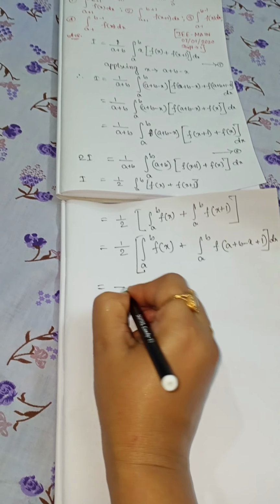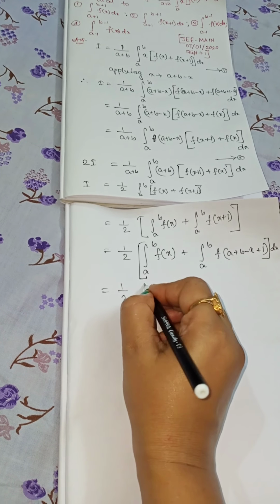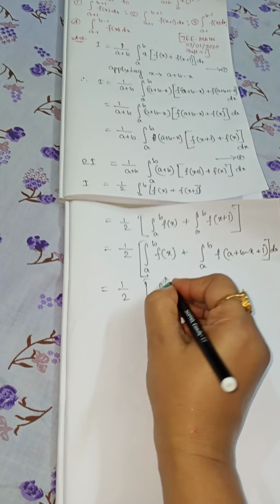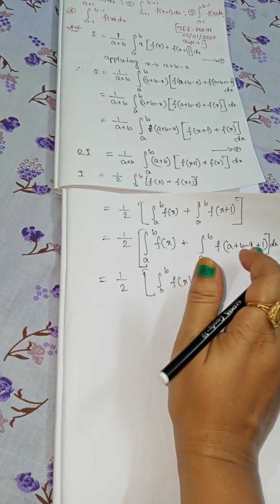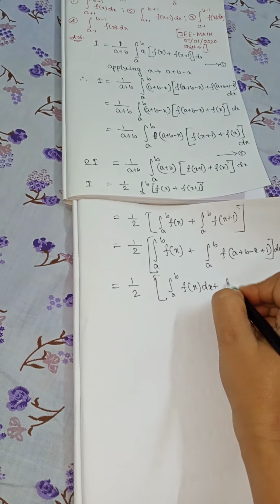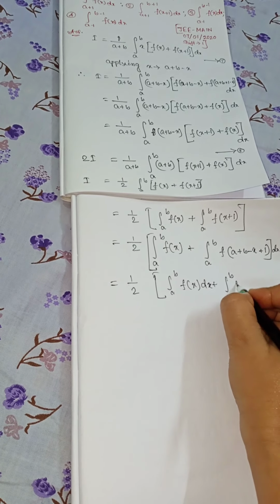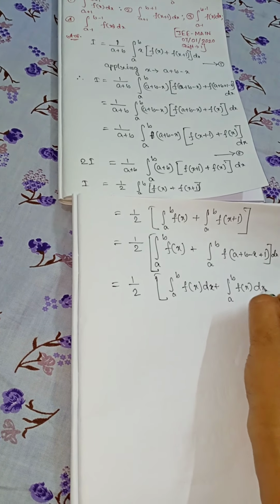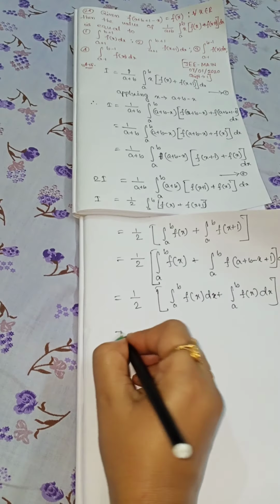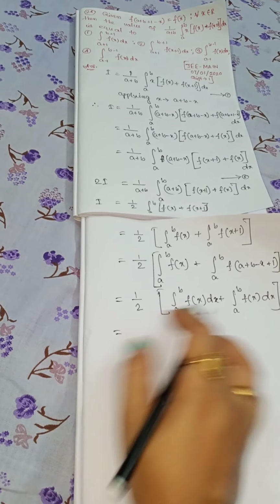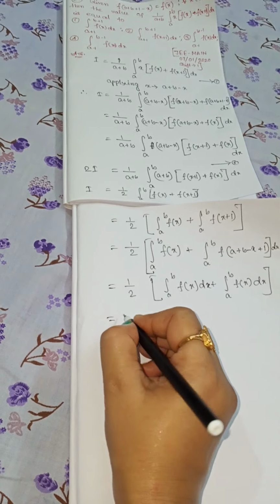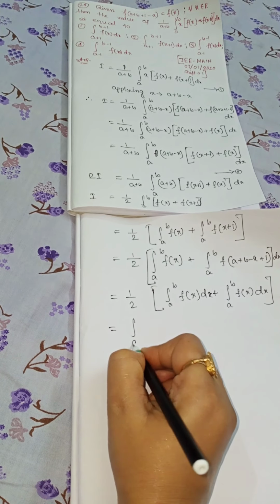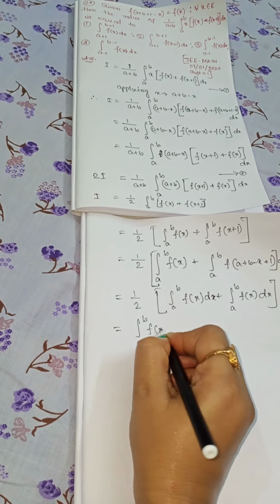So half of integration a to b f(x) dx plus this is also f(x), so it becomes once again integration of a to b f(x) dx, and this is twice the integration a to b f(x) dx. Now this I becomes integration of a to b f(x) dx.